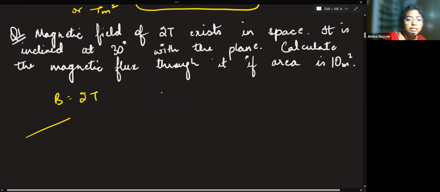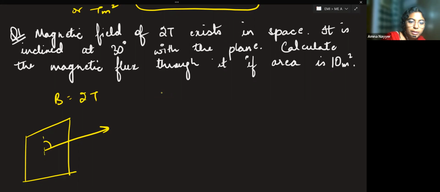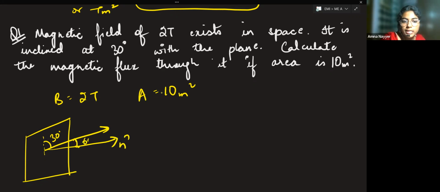It means this is the plane and the angle between the magnetic field and this plane is 30 degrees. Calculate the magnetic flux if the area is 10 meter square. For the angle, first we have to drop a normal and subtract from 90 to get this. This is 60 degrees, so we'll use 60 degrees.